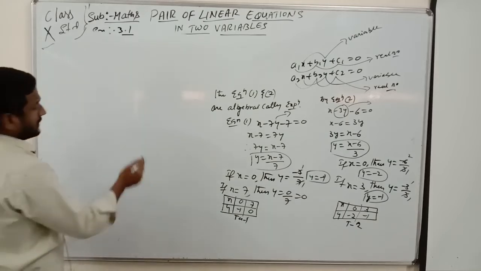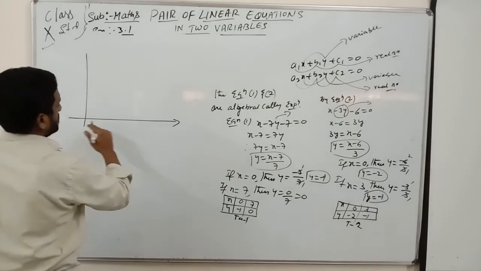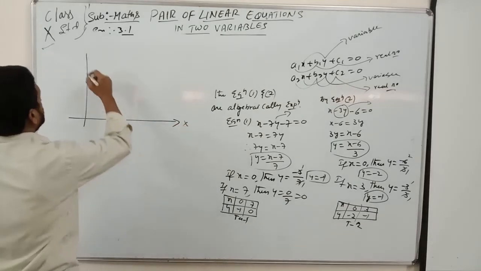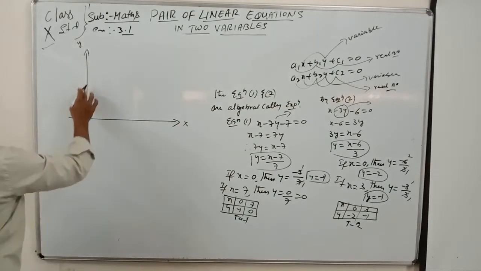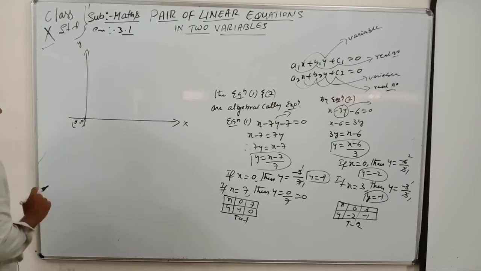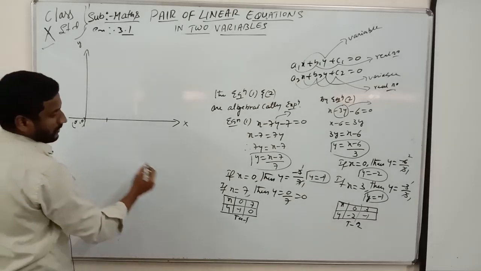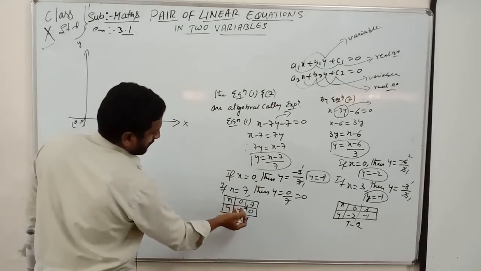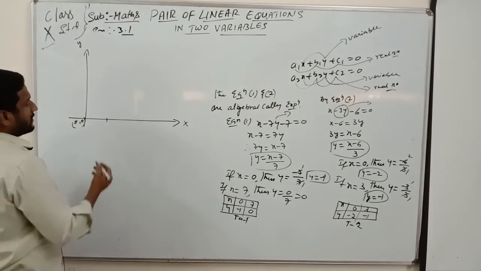Now see here, we already know the x-axis and y-axis: the horizontal line is the x-axis, the vertical line is the y-axis, and they intersect at the point 0, 0, the origin. For x value, the maximum is 7 and the minimum is 0, so the maximum positive is plus 7.